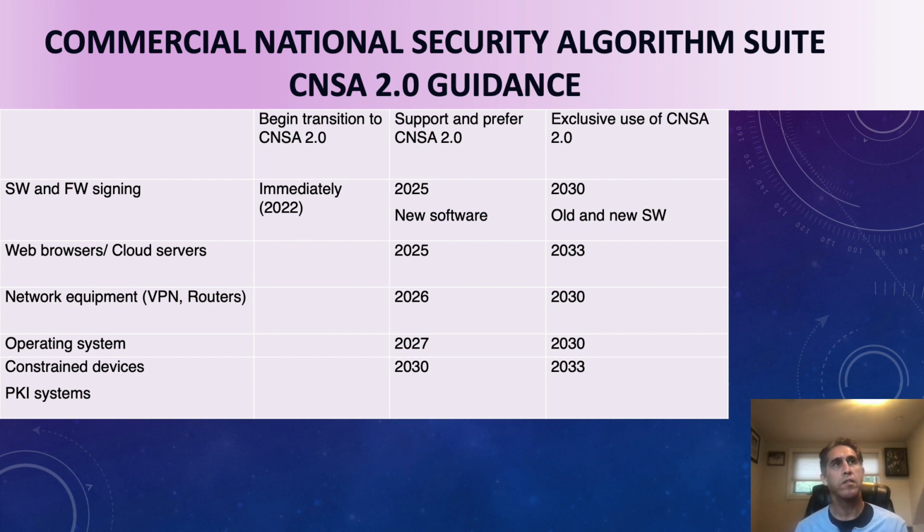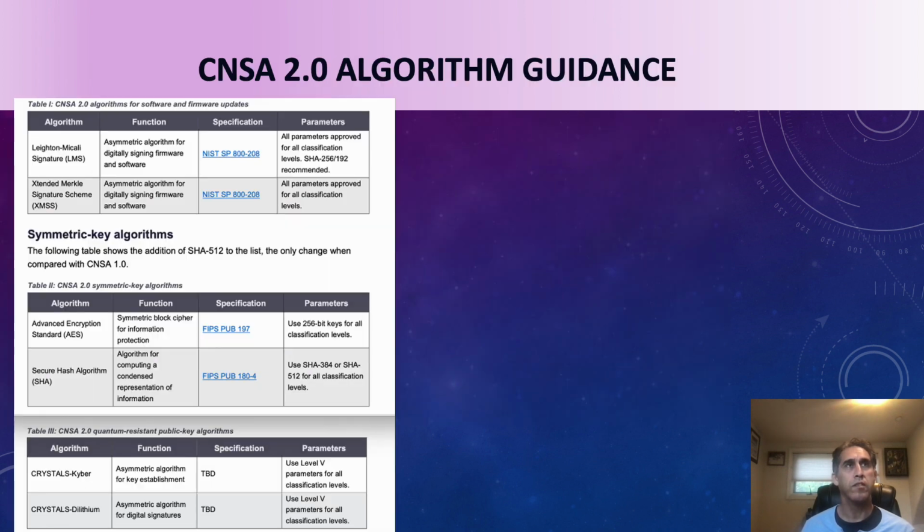As you can see, the guidance was that the transition should start in 2022, and then any new software, any new browser or whatnot, needs to start supporting and preferring these algorithms. Around 2030 and afterward, they require that you exclusively use these algorithms and give up the previous traditional legacy algorithms. As far as the actual guidance goes, this is pretty much it.